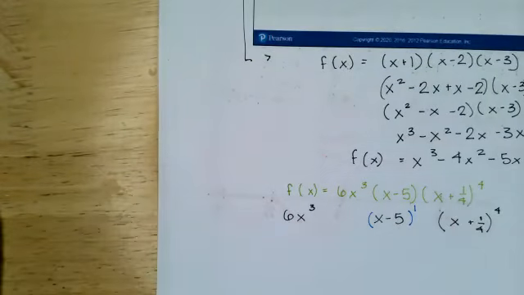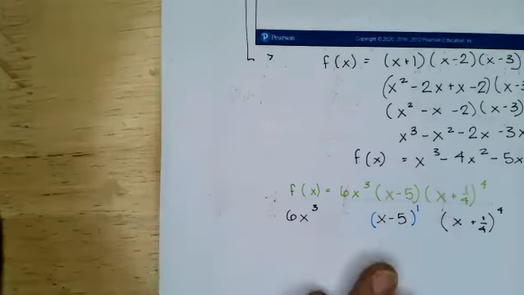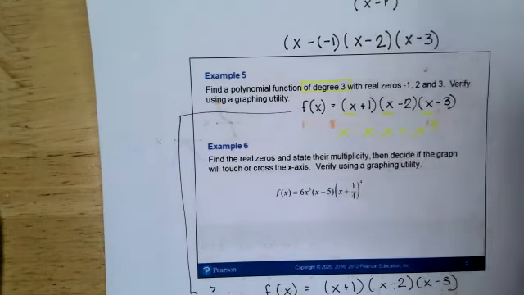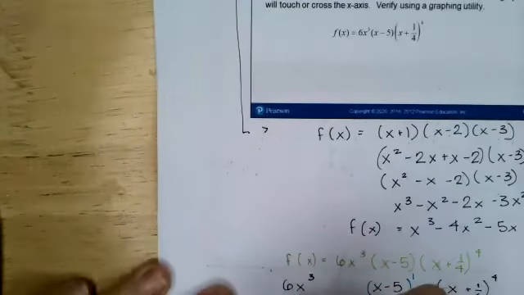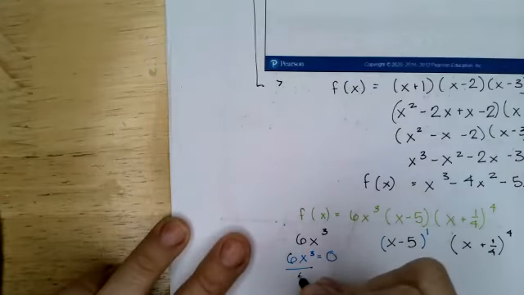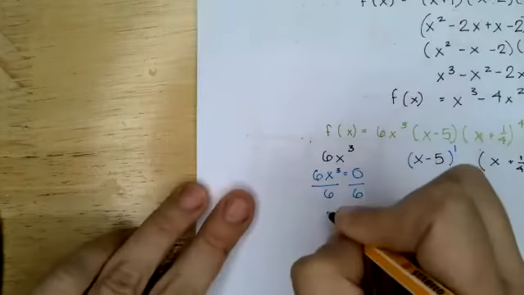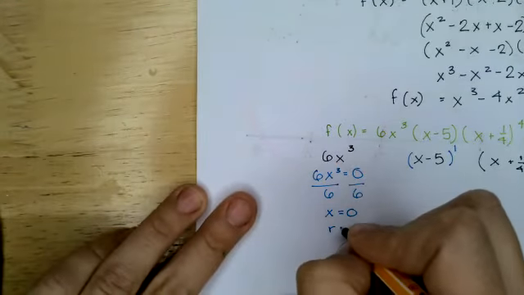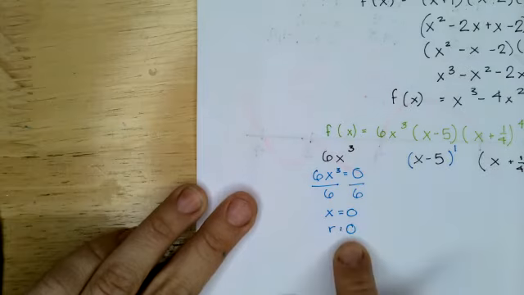But 6x to the 3rd, what is the real zero of 6x to the 3rd? What are we subtracting from x? We're not subtracting anything, right? So 6x to the 3rd, set it equal to 0, divided by 6, right? The real zero I'm going to get is 0.